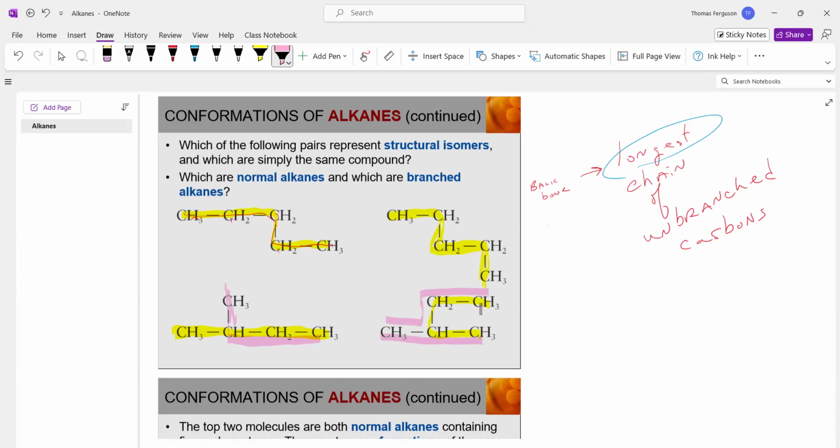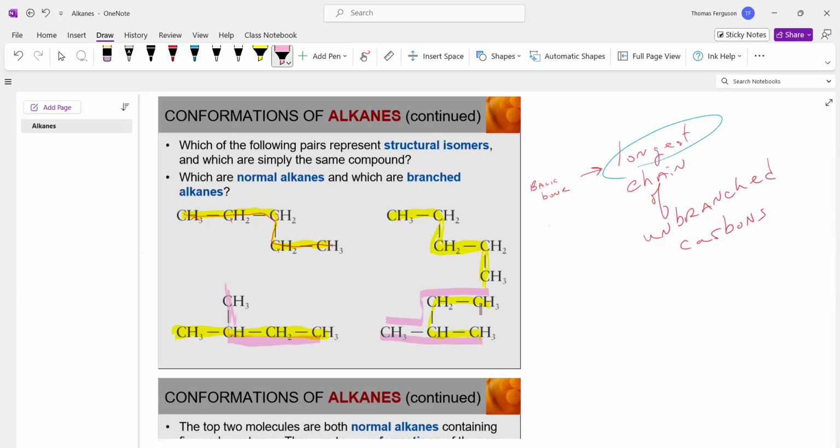Why this is important is that it determines the naming of the alkane. There are 3 parts to naming organic compounds: you name the branches, you name the backbone, and you name the functional group. Every single organic compound is named using those 3 parts. The one part that's optional is the branches, if it has none and only has 2 parts.